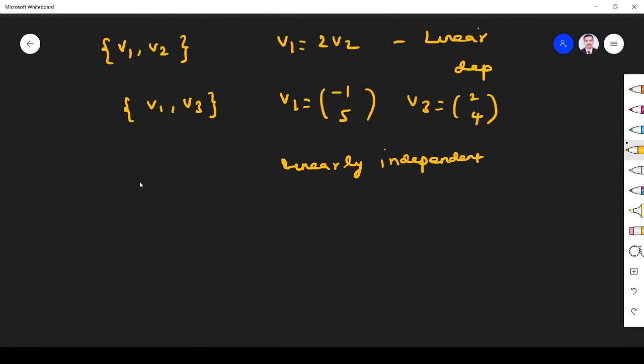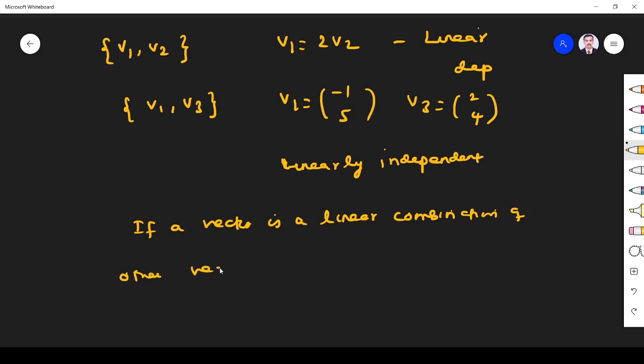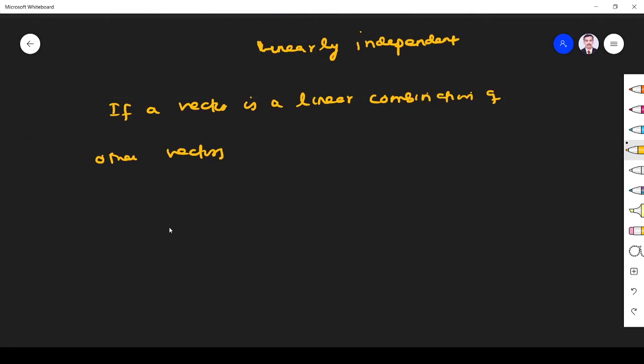Let us assume a vector is a linear combination of other vectors. For example, v5 is equal to c1 v1 plus c2 v2 plus c3 v3 plus c4 v4.